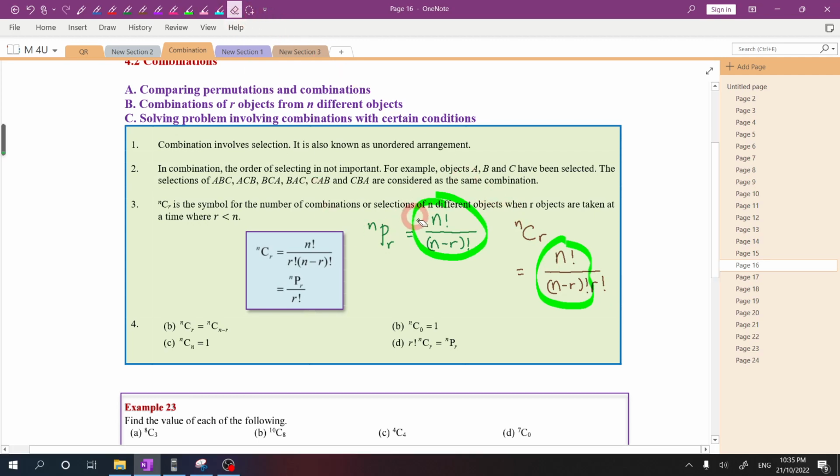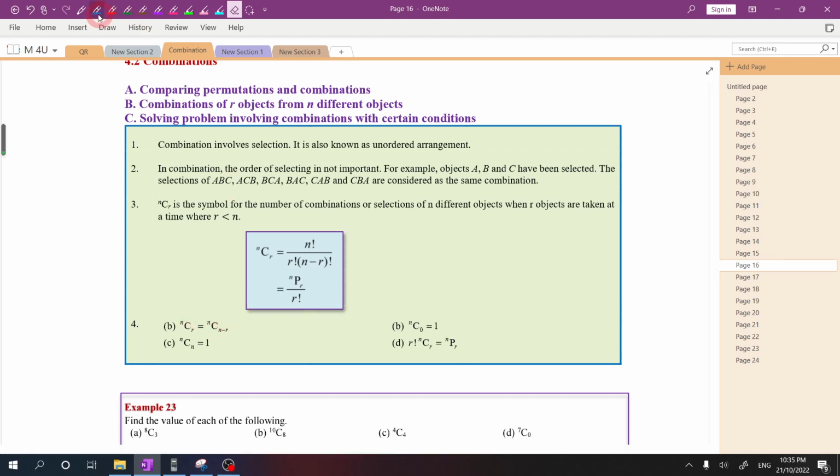Okay, now let's look at the first one. nCr is actually equal to nC(n minus r). So before I give you some examples, let me show you why these two are actually the same. nCr, this one I don't have to work out anymore because it's actually equal to this, right? Okay, let me show you nC(n minus r).